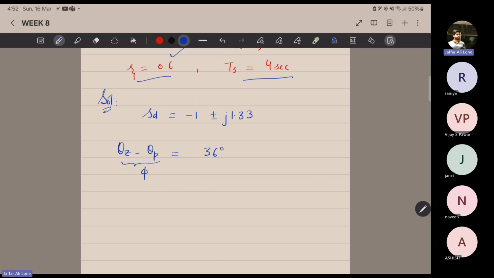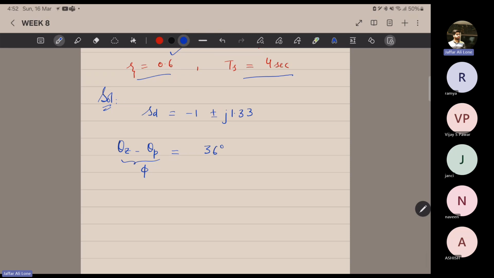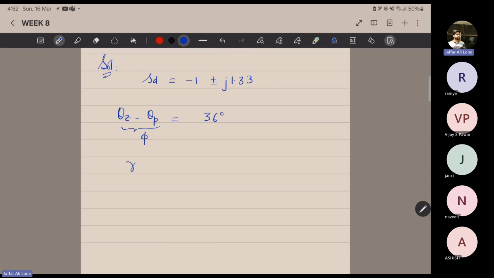So when you are done with the angle deficiency, I'm giving you a shortcut. You find something called gamma, which is equal to half of 180 degrees minus theta minus phi.